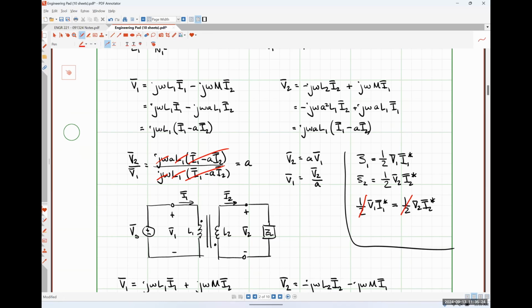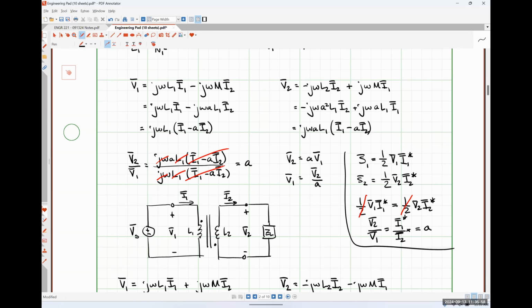The 1/2s cancel each other out. And so I could rearrange this slightly. So I could say, let's put V2 over V1 on this side. That would be the same thing as I1 over I2. I conjugate both sides, but V2 over V1 is A, which is just a real number.